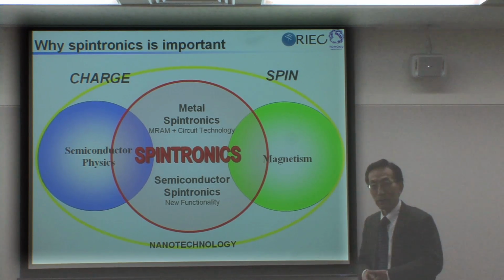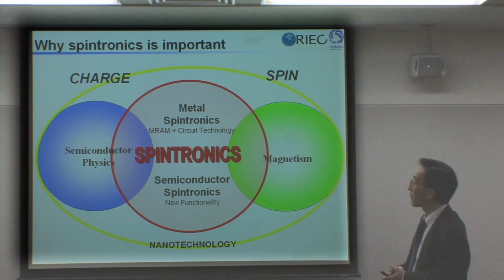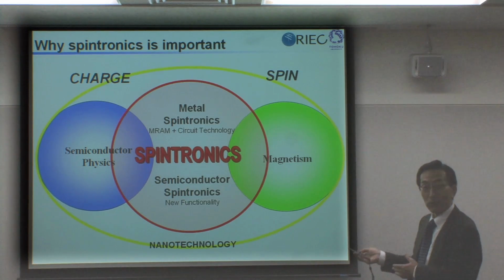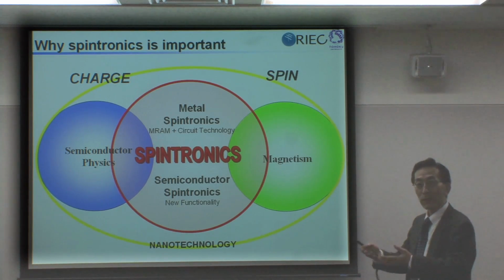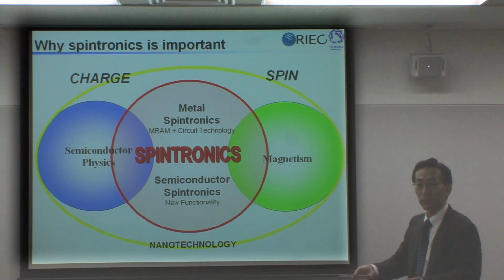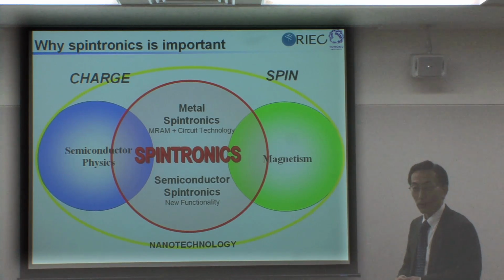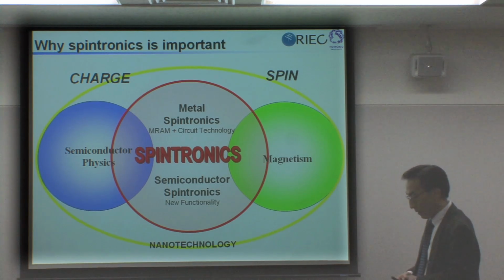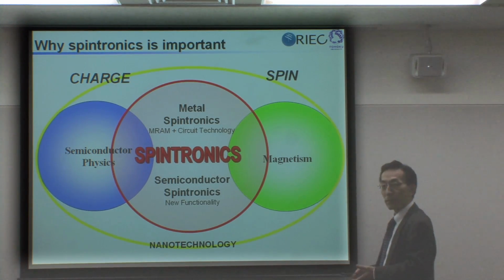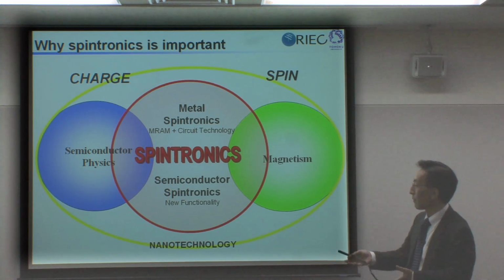So this is the last slide of my presentation. What I have shown to you today is that this spin part, where you can have non-volatile memory function, we are introducing it into semiconductor electronics, to make this part more energy efficient and hopefully with higher performance.